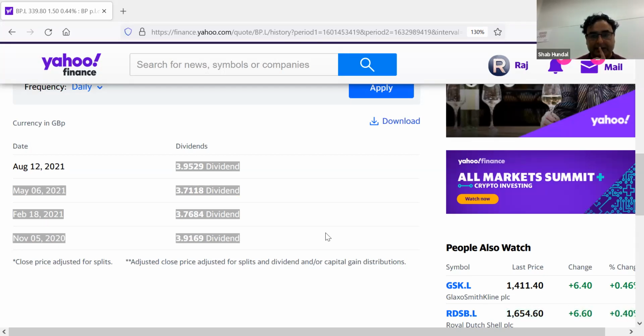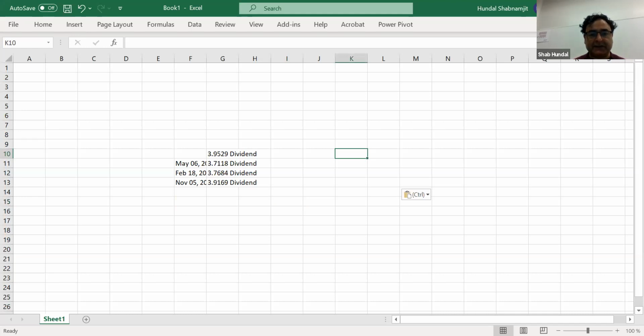So just a sec, I'll share it with you. Okay, new share is the Excel. Now, this data is in descending order, newest to the oldest, okay?